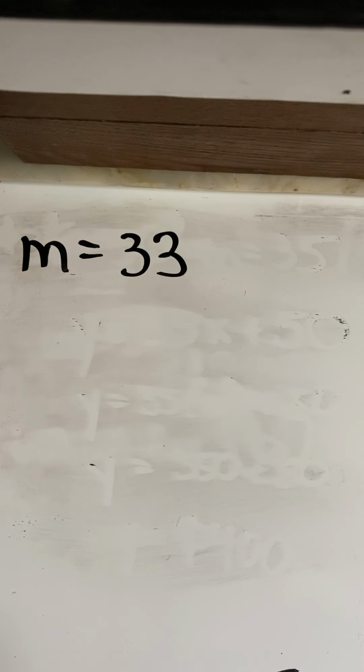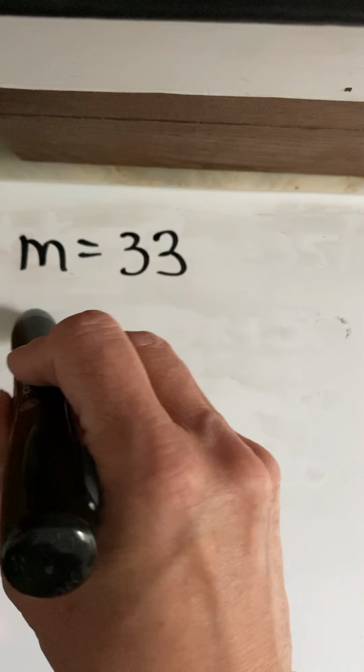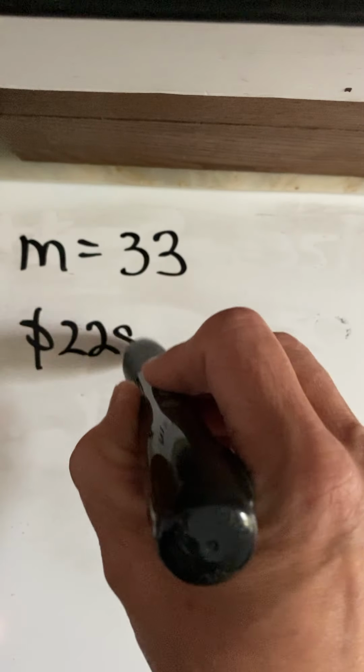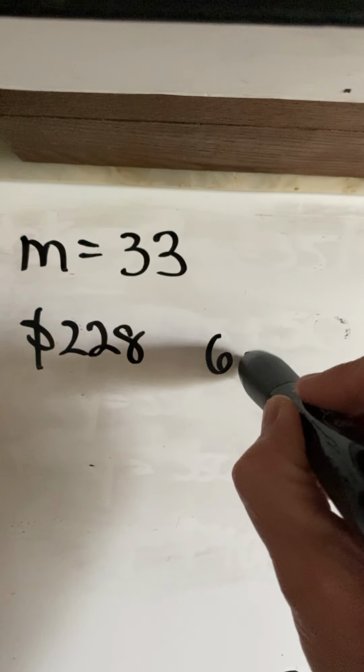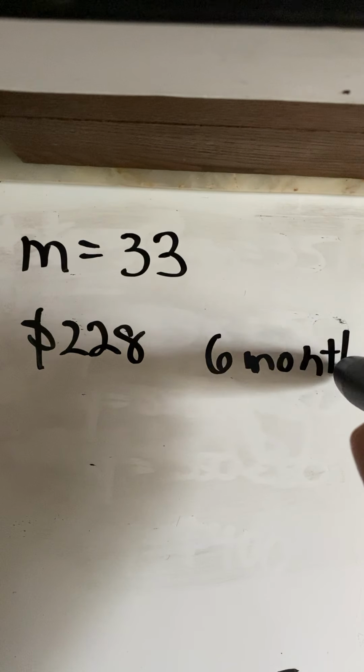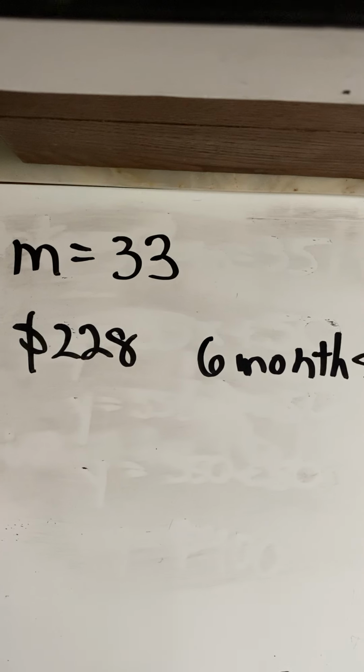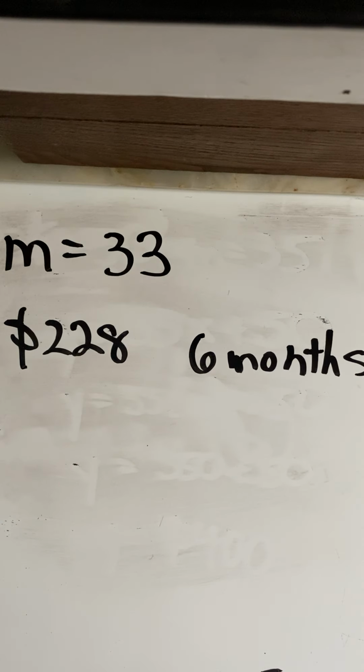Okay, then it says you paid a total of $228 after 6 months. So what does that mean? So they're not giving you an initial fee. You don't know what the initial fee is, so you don't know what b is. So I wonder what 228 after 6 months is.